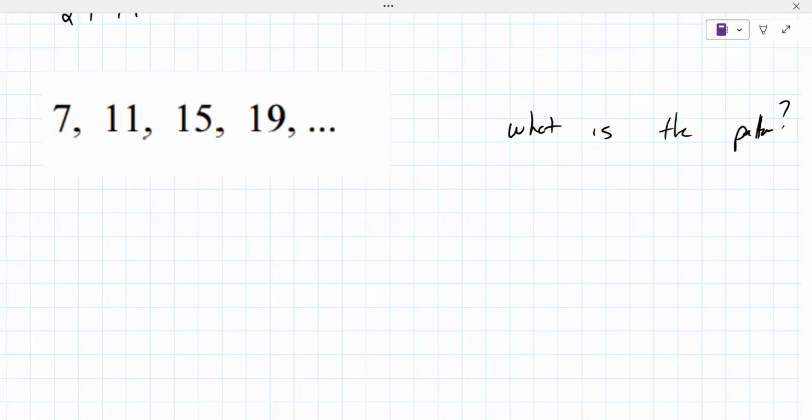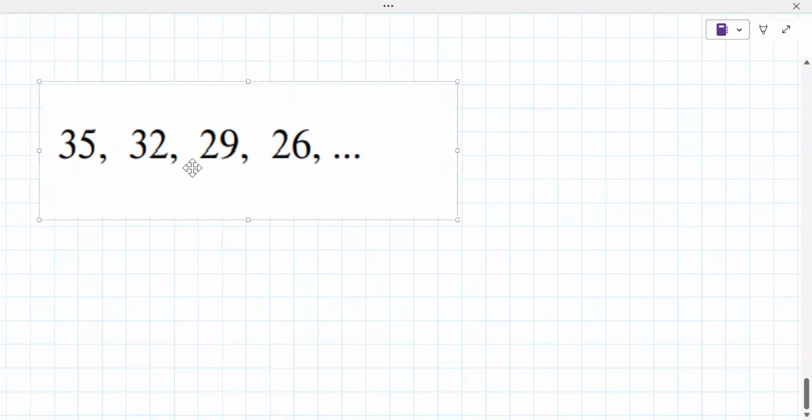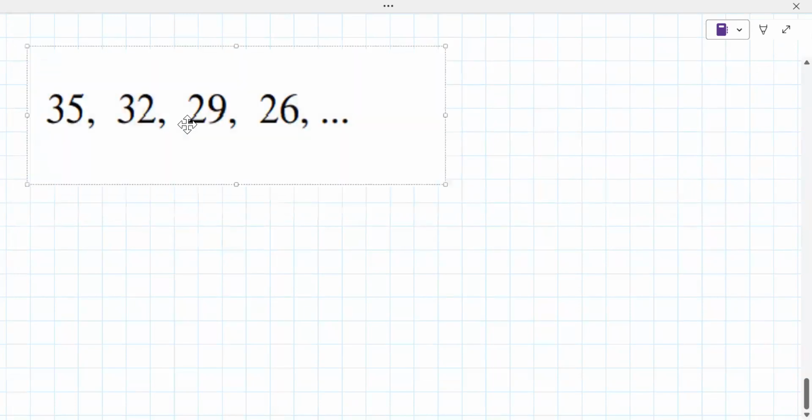Is it 4? Is 4. Now sometimes they go up, sometimes they go down, and you should be prepared for both. Okay. So here's a sequence that obviously goes down.